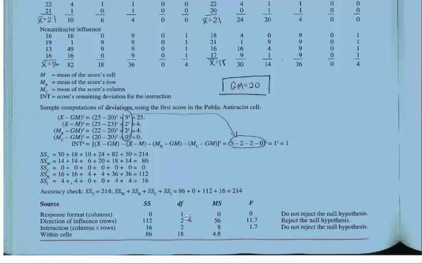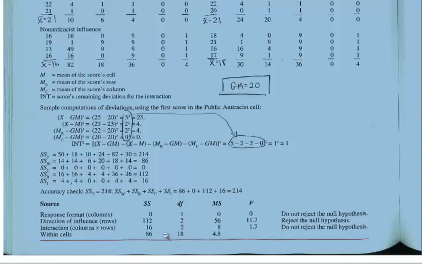The interaction term is just the product of the degrees of freedom for rows and the degrees of freedom for columns. So we multiply 2 times 1, and we get 2. Within cell is going to be total degrees of freedom minus the degrees of freedom associated with everything else.